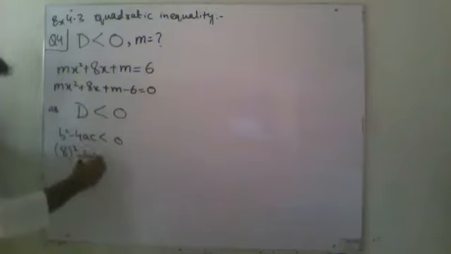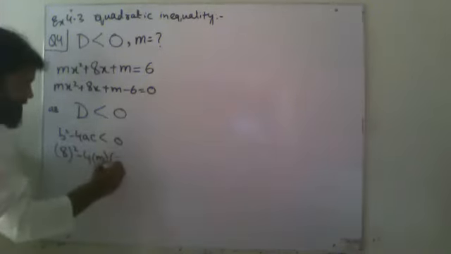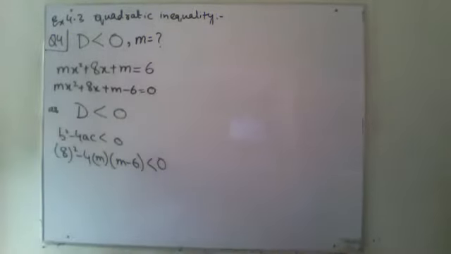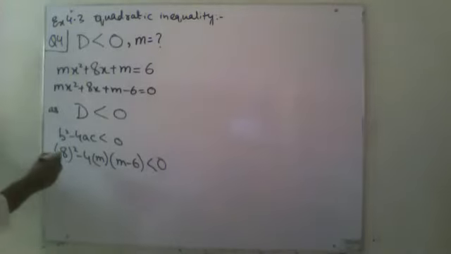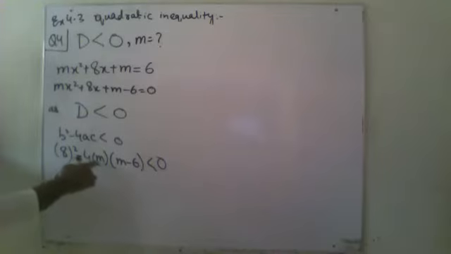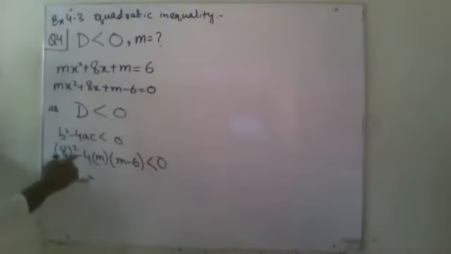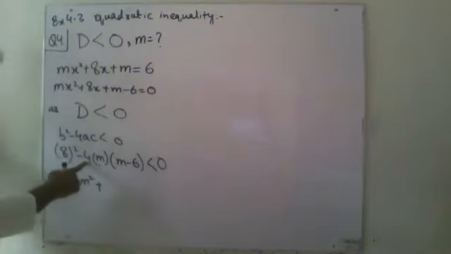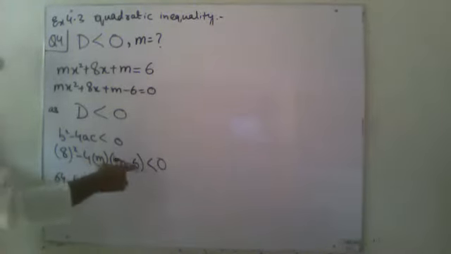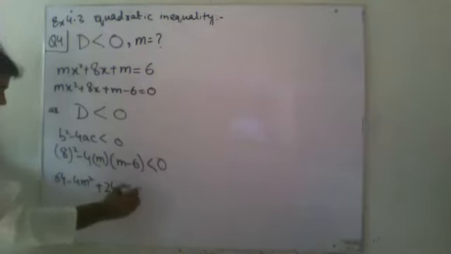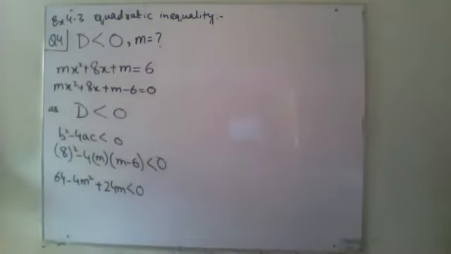A means m and c means m minus 6 lesser than 0. Right? So, next thing, 8 square will become 64 minus 4m into m minus 6, which gives minus 4m square plus 24m lesser than 0.